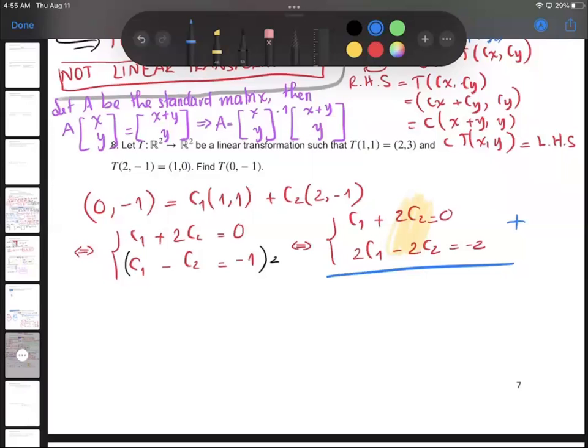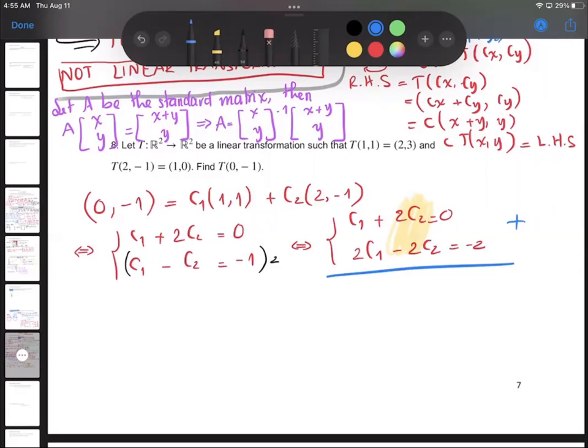We find the image of T, right? So T of 0, -1 equals, let's see, C1 is -2/3 times T of 1, 1, plus 1/3 times T of 2, -1. T of 1, 1 is 2, 3, right?